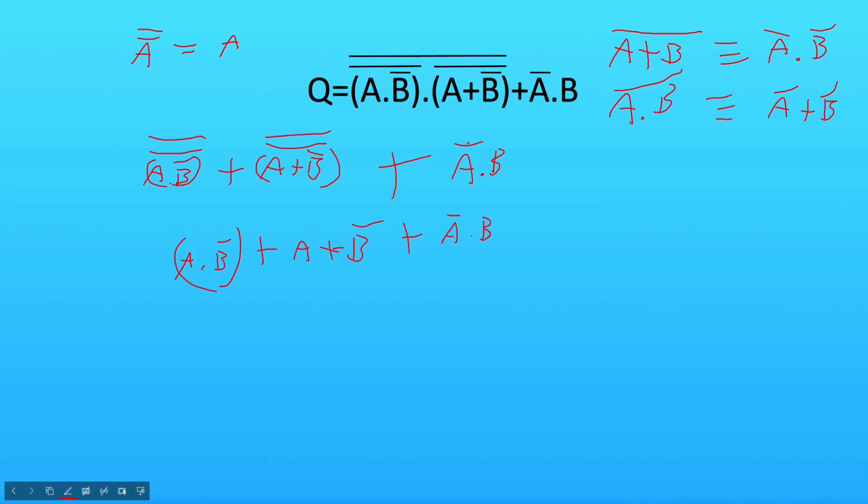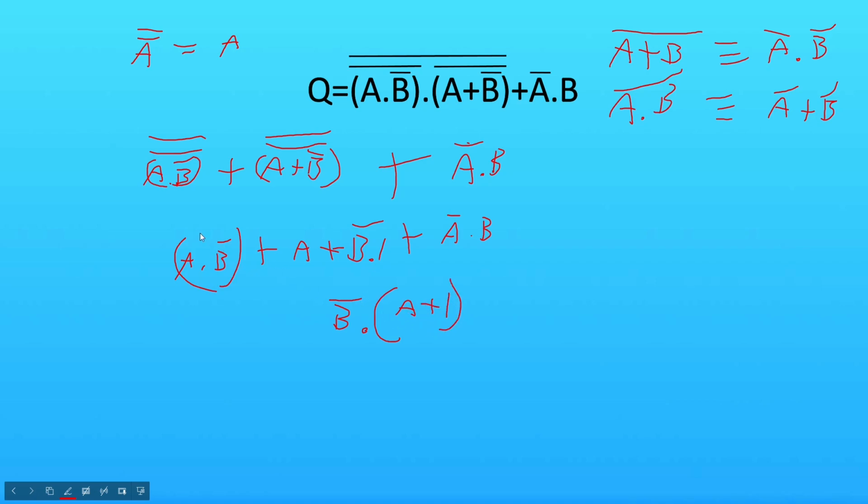So now what we can do is look for common factors. The first common factor I see is this not B over here, and then we also have an A as well, but let's just try use the not B and take that out. So we have the not B over here, and inside the brackets we're going to have A. But this one isn't actually ANDed with anything, so what we can do is just AND it with 1. So we can have A or 1 inside the brackets.